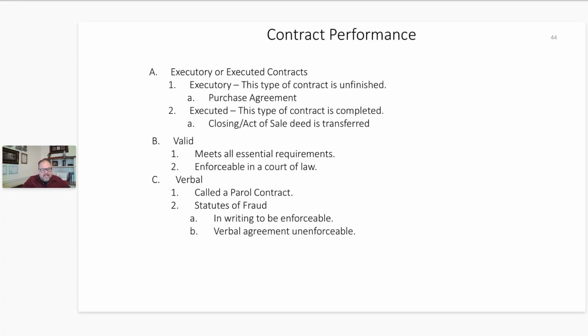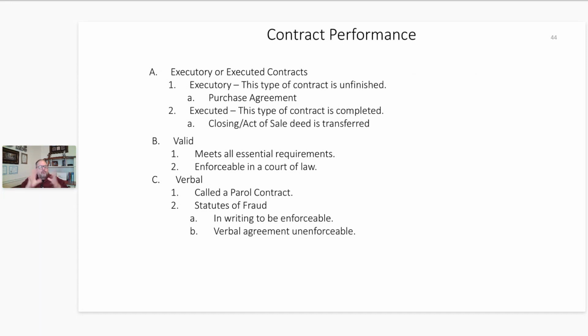A valid contract meets all the essential elements of the legal system and is enforceable in a court of law. A verbal agreement, listen to me carefully, also called a parol contract, P-A-R-O-L, you may see that on the state exam, does not meet the statute of frauds. The statute of frauds, by definition, means that a contract to be enforceable has to be in writing.